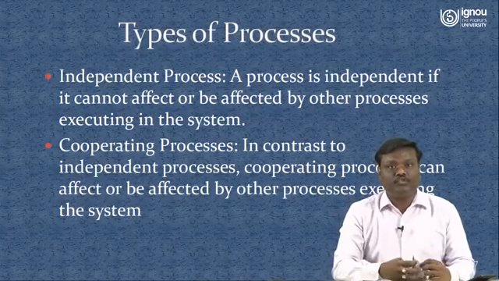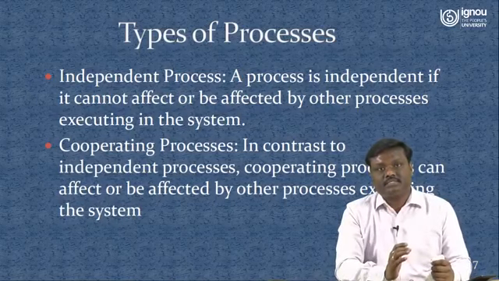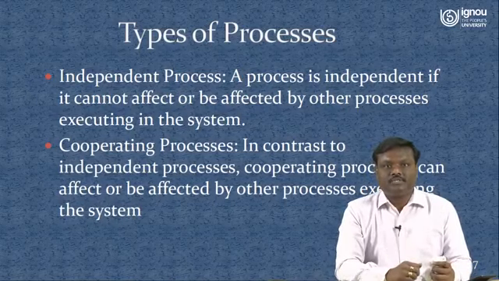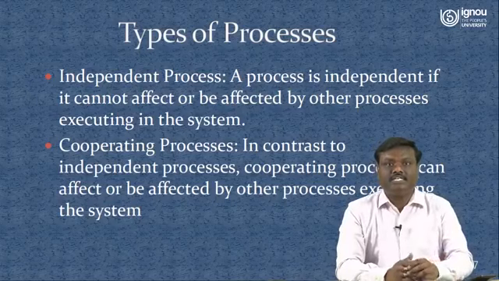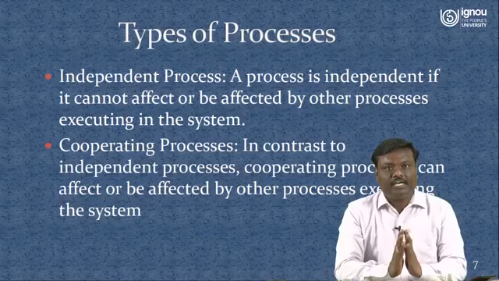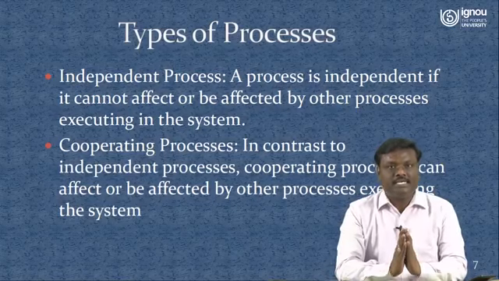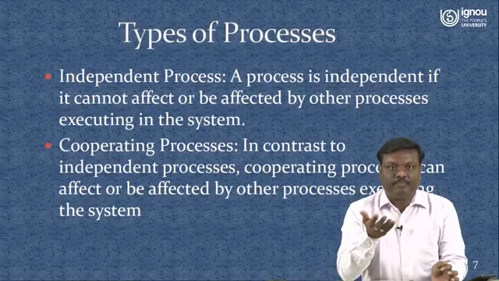When you come to the cooperating processes, these are a bit complex. In cooperating processes, a process can be affected by other processes executing in the system. So there may be an initial process, the main process. Then inside the main process, at some time two parallel sub-processes may be started.